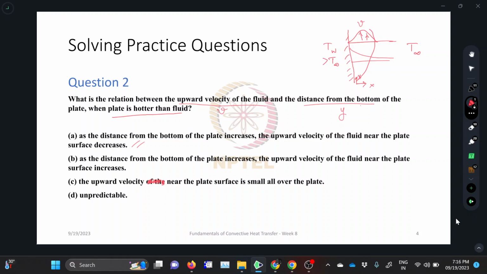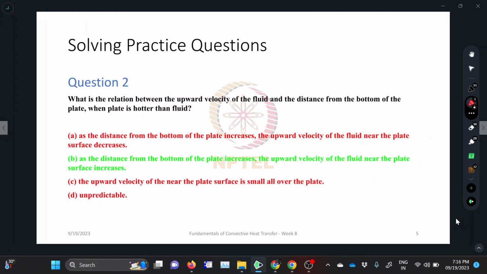So let's have a look at the solution. The solution is actually option B. As the distance from the bottom of the plate increases, the upward velocity of the fluid near the plate surface increases. If you remember properly, for low Prandtl numbers, this velocity was proportional to y to the power 1/4, and for higher Prandtl numbers, this became proportional to y to the power 1/5.